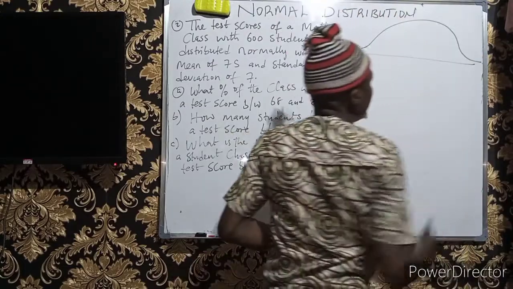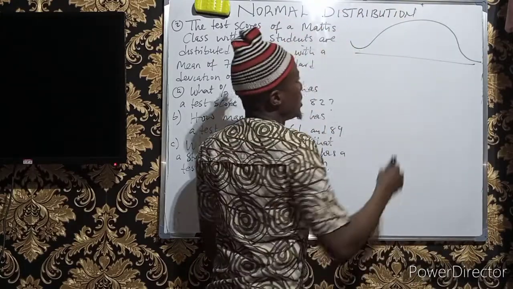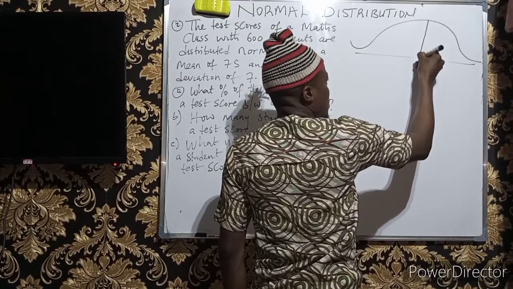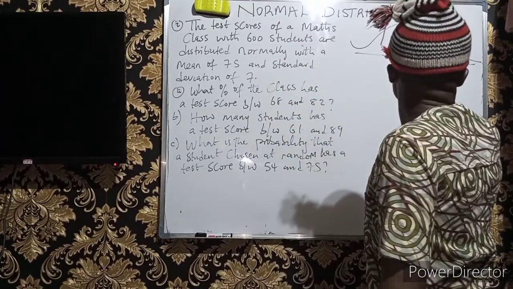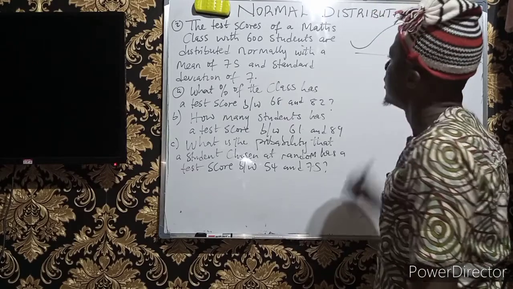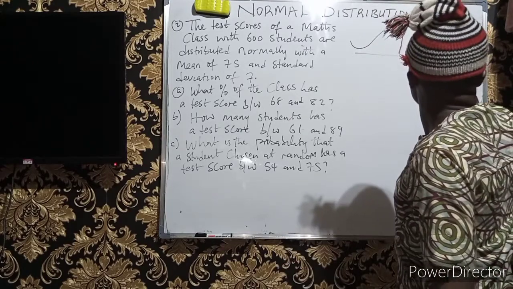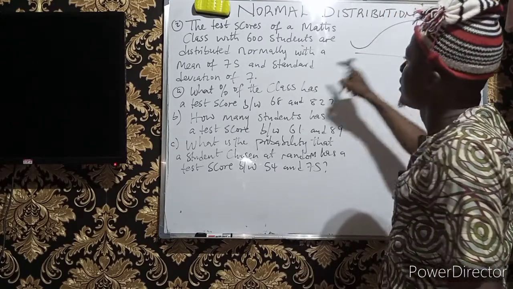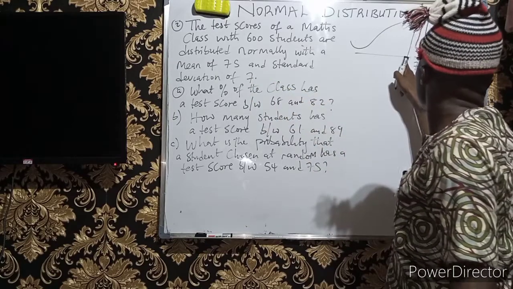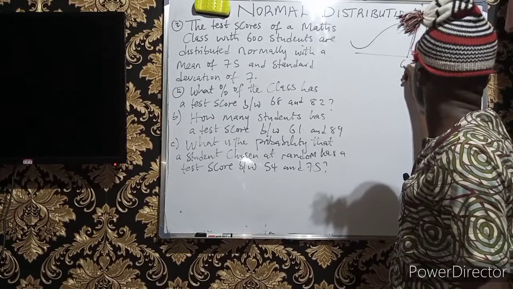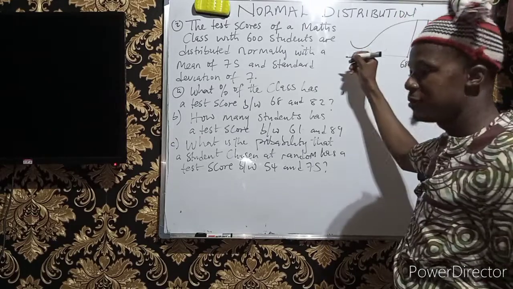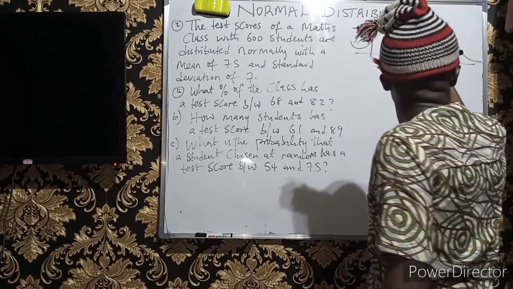If you know the curve too well, you will see that this is the mean. We are told that the mean is 75, so you write 75 here. Now, the first deviation will be here, and since the standard deviation is 7, what will be here is 75 minus 7, which is around 68. To the positive, you add 7.